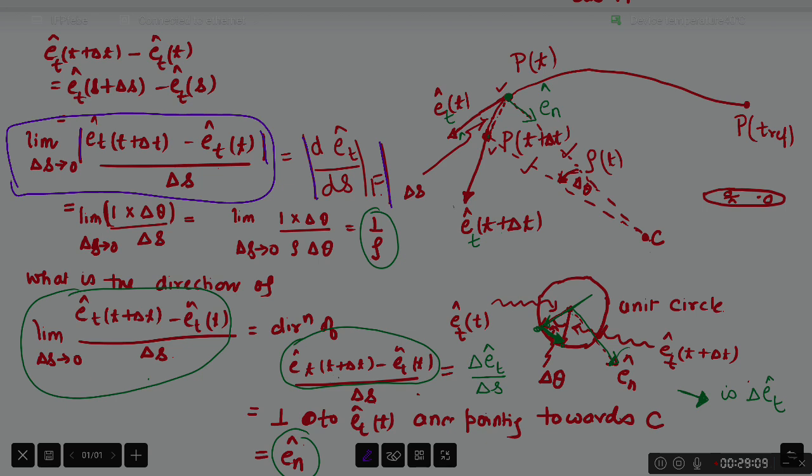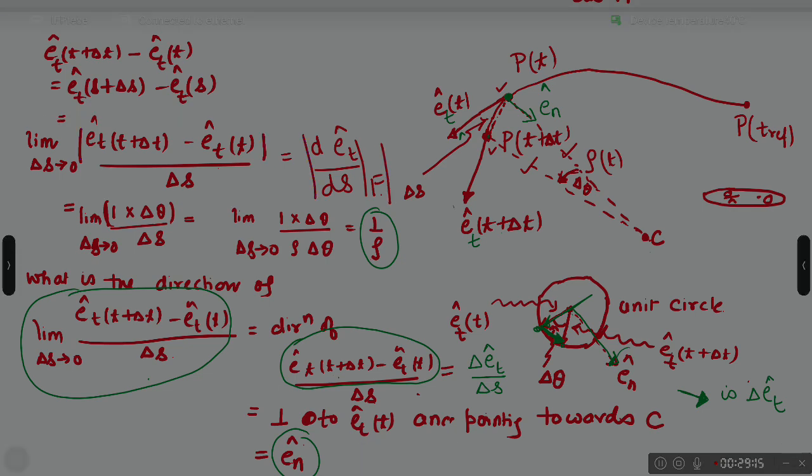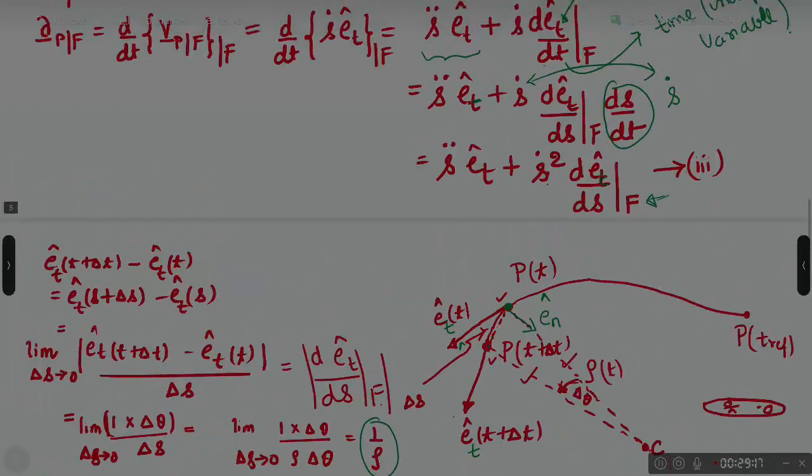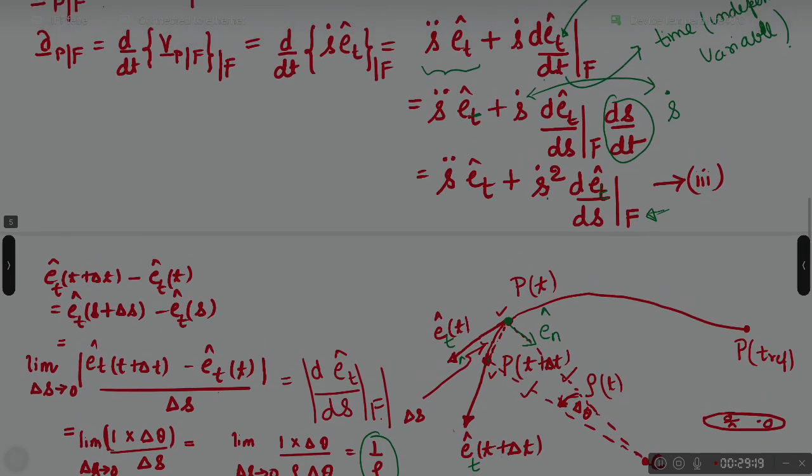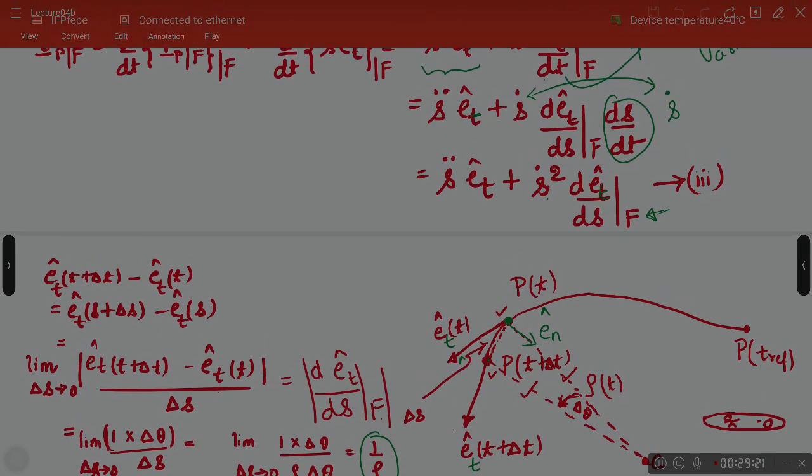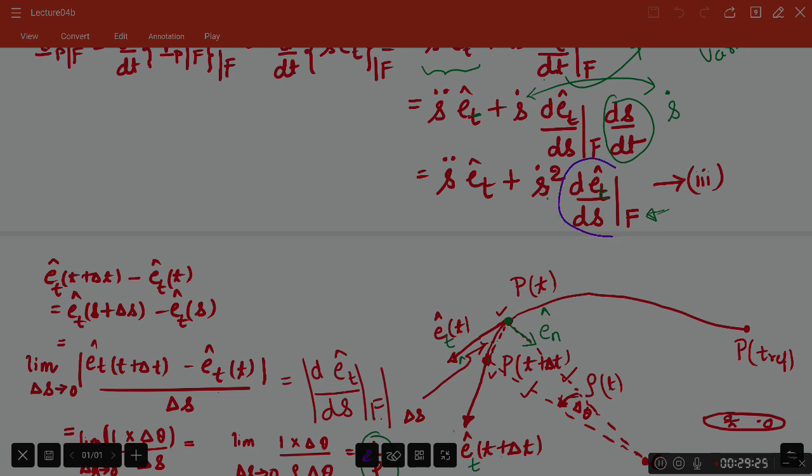I am going to get an expression for this derivative in two steps. First, I will try to infer the magnitude of this vector, and secondly, I'm going to get the direction of this vector.